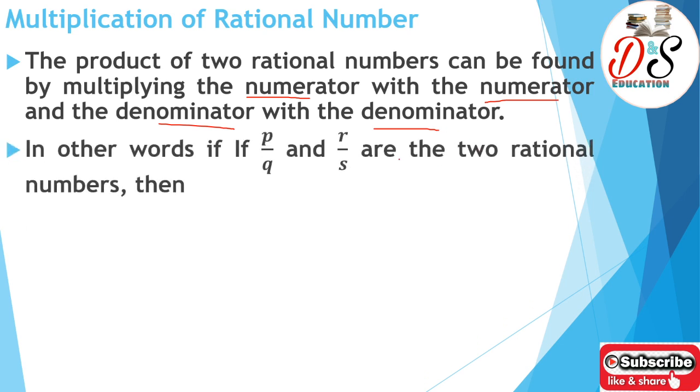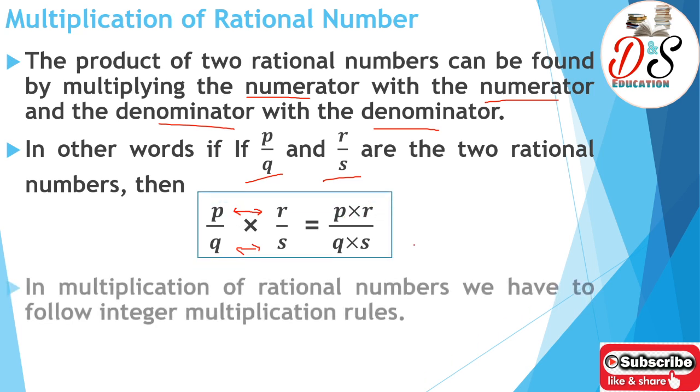So we have two rational number p upon q and r upon s. We have to find the product of these two rational number. So what we are going to do, we are multiplying their numerator together and we are multiplying their denominator together. You can see here p is multiplied with r and q is multiplied with s.